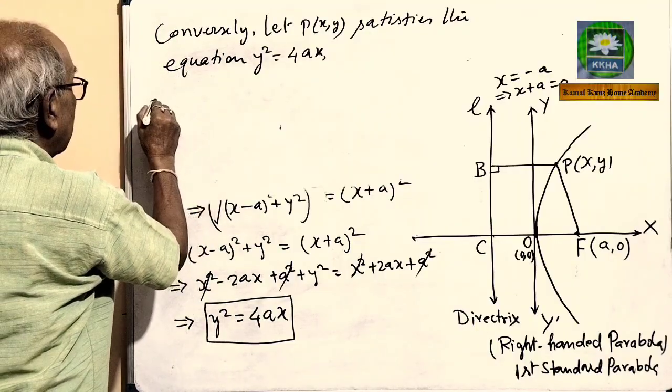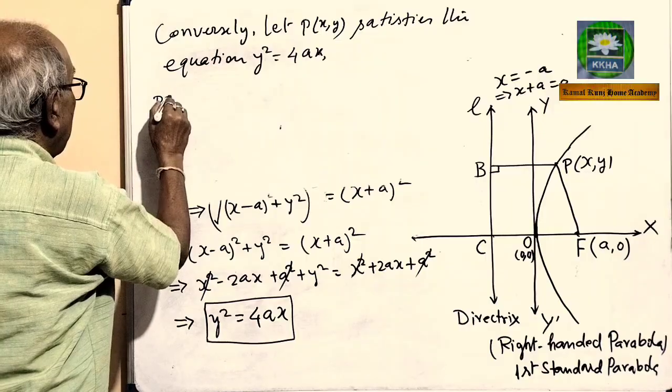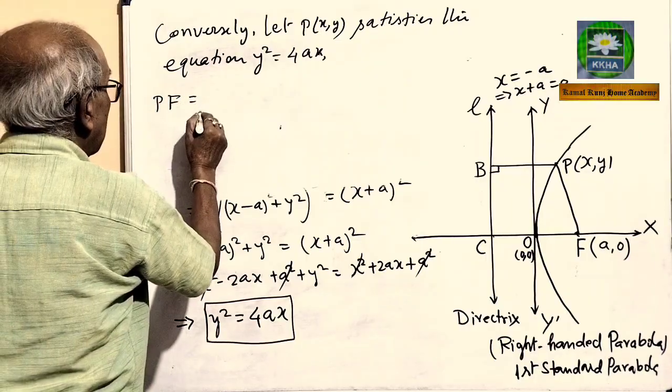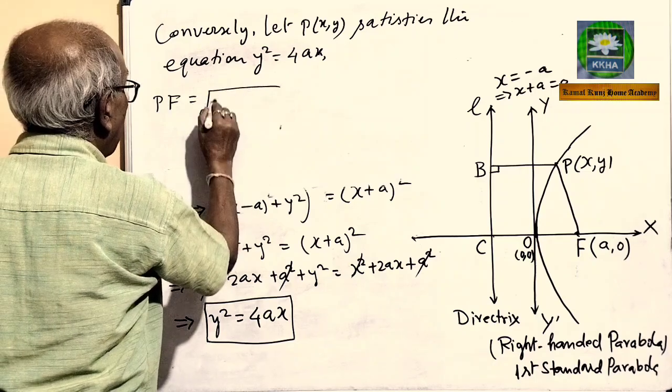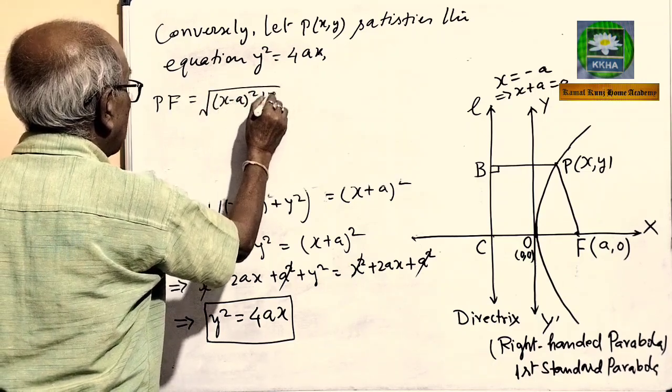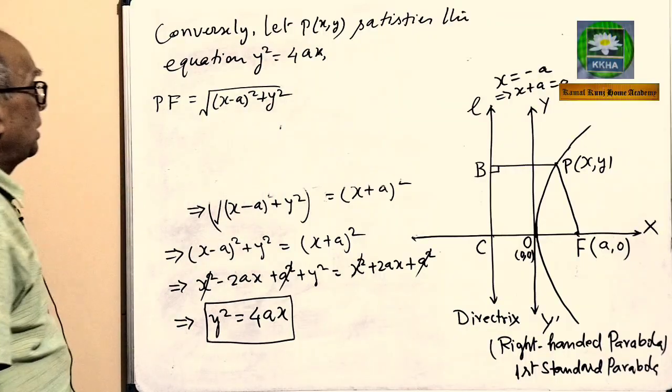Now we have PF equal to under root x minus a whole square plus y square.